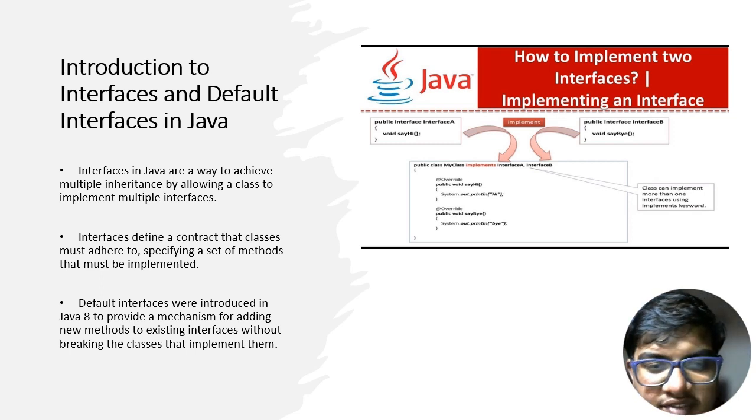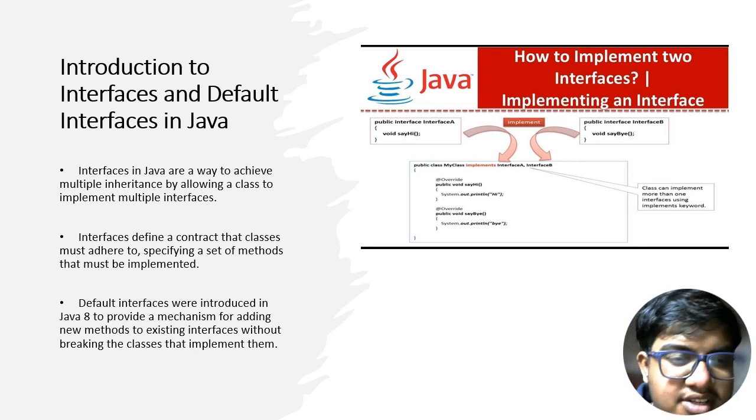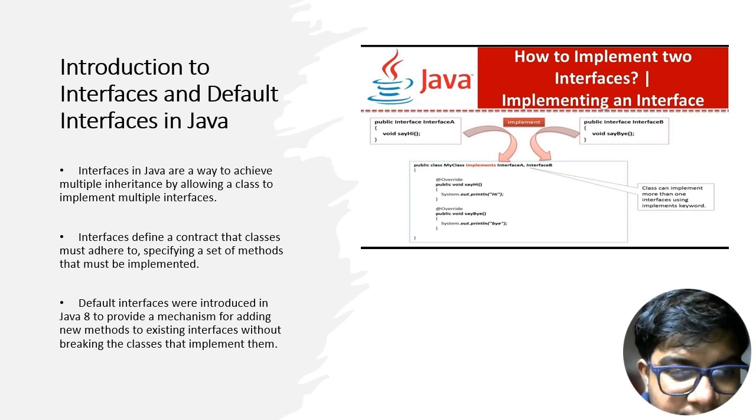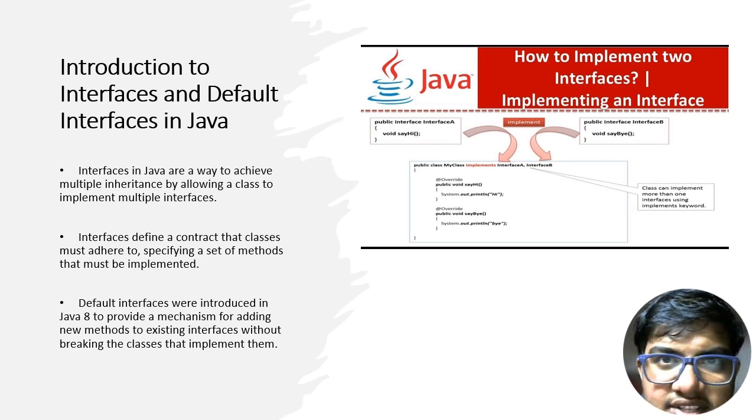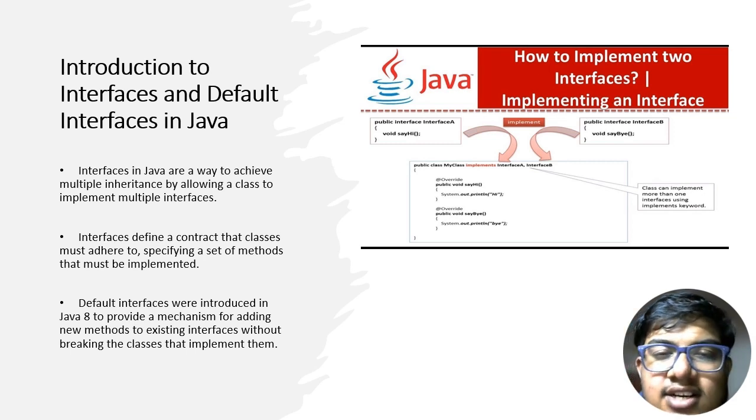So they specify a set of methods that must be implemented. Default interfaces were introduced in Java to provide a mechanism for adding new methods to existing interfaces without breaking the classes and to implement them easily. So let's move on.